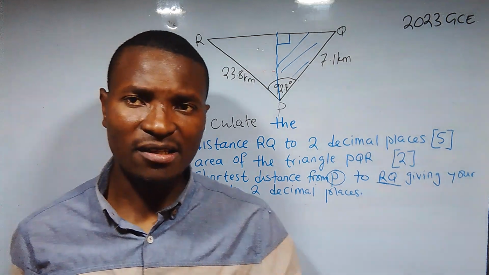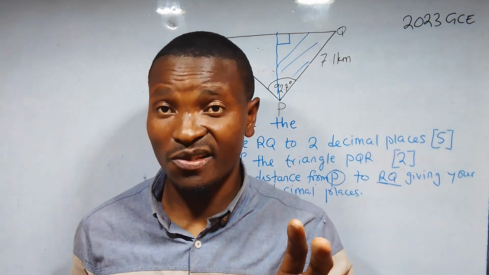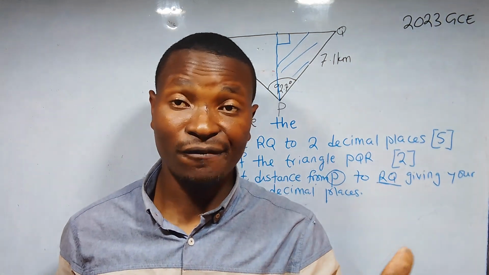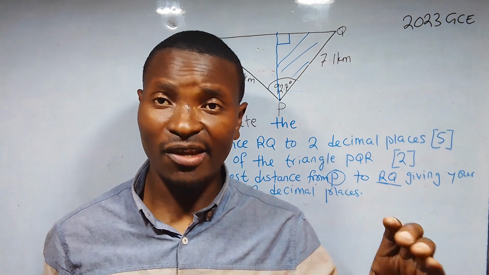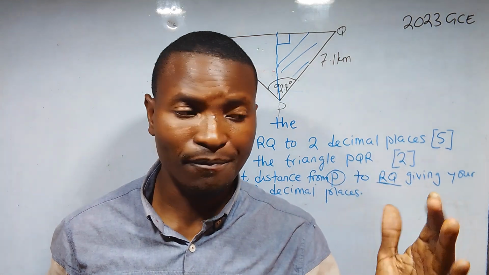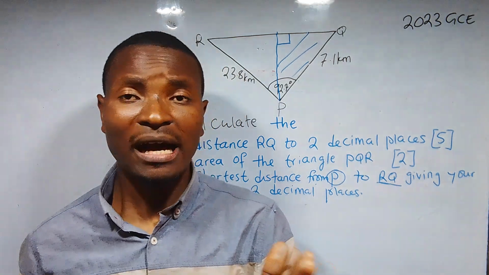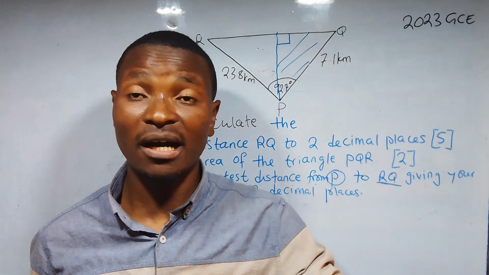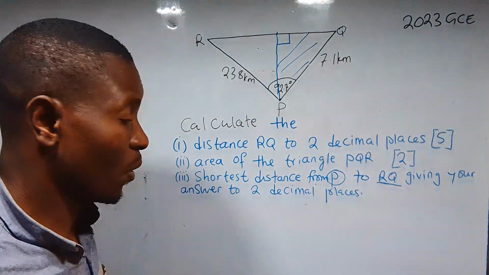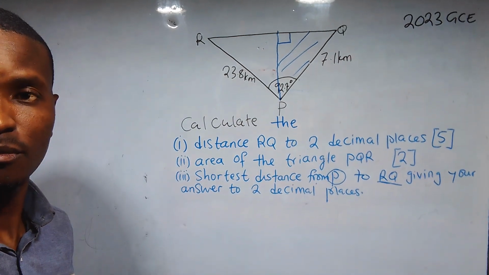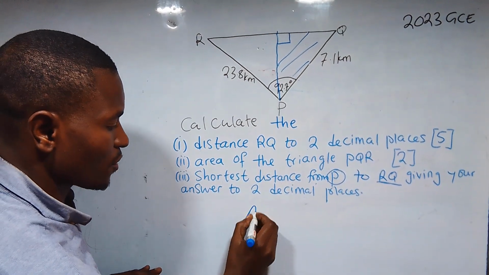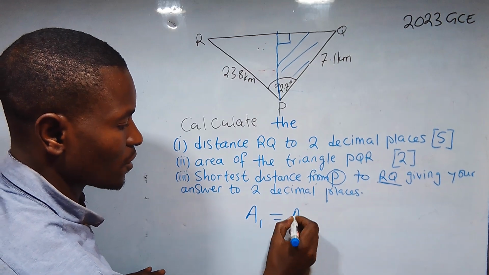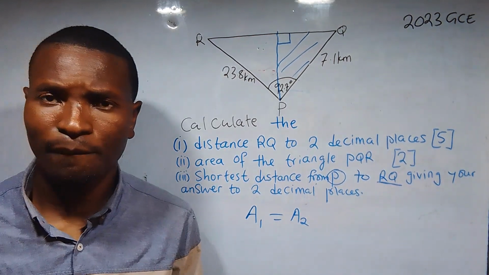So finding the shortest distance is actually very simple. All you have to do is equate 2 areas: the area of the right angle triangle as well as the area of the bigger triangle. So you're going to say area 1 equals area 2.